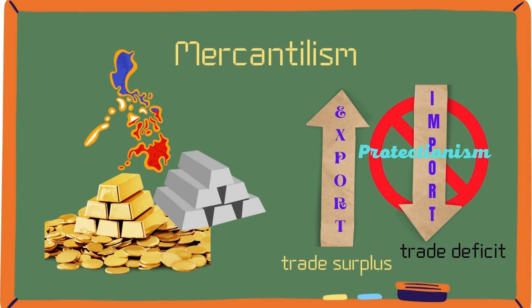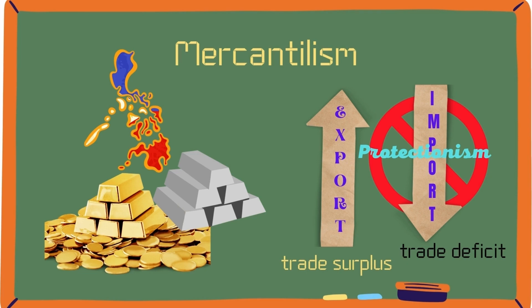In other words, if people in other countries buy more from you, which is called export, than they sell to you, or imports, then they have to pay you the difference in gold and silver.